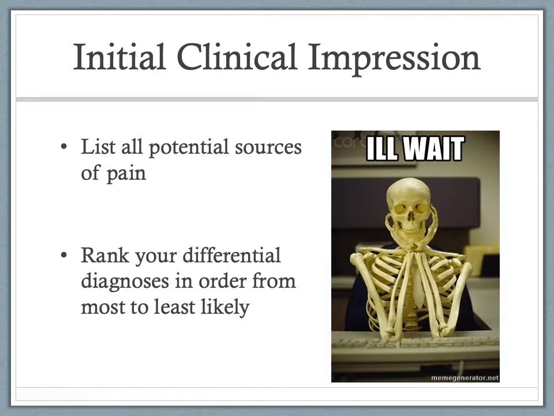One thing that's higher on my list right now than it normally would be is potentially a cancerous lesion. She has a history of cancer, and when we think about cancer, one of the biggest risk factors of having a malignancy or a cancerous lesion is a past history of cancer.